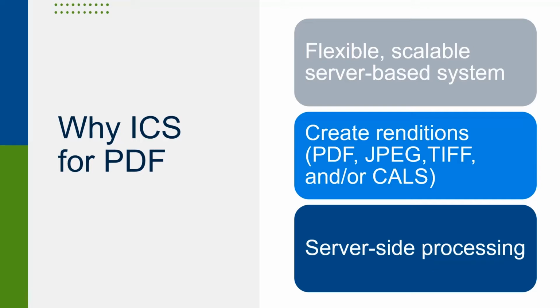It gives you the ability to create not only high-fidelity PDFs with rich intelligence, but it also gives you the opportunity to convert older industry raster formats, such as RLE or CIT, for example, and turn them into something a little more user-friendly, or at least able to find a free viewer for things such as JPEGs and TIFFs and perhaps even CALs. But the best benefit that you will find is the server-side processing that the iModel Composition Server gives you for creating your PDFs.